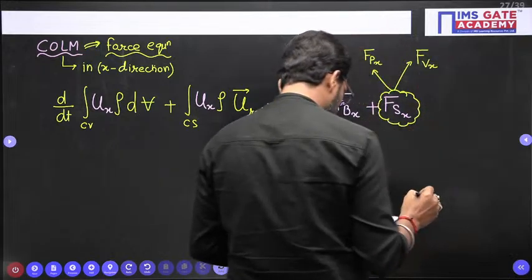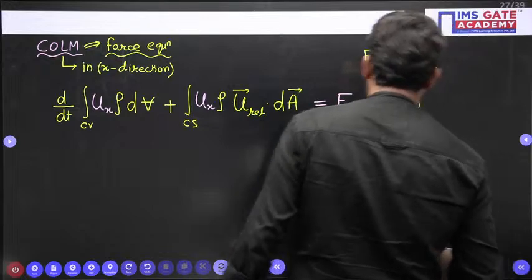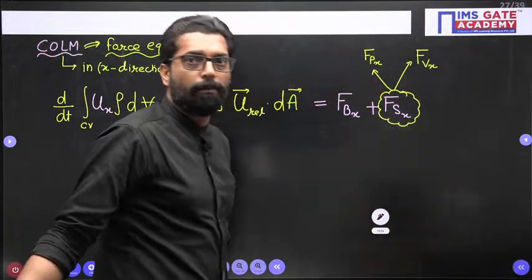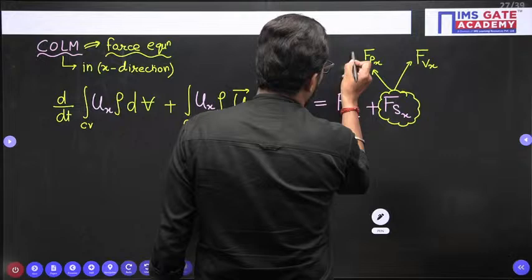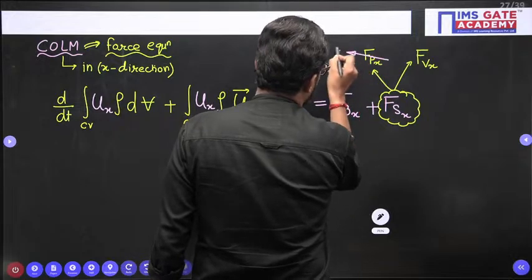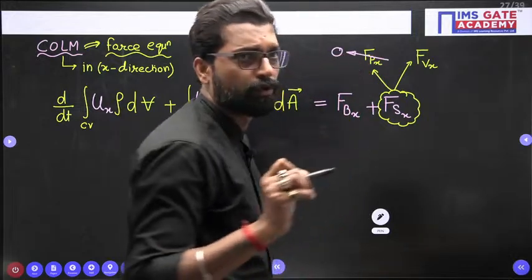Now, here the pressure is uniform throughout, so this is 0. Pressure is uniform, they are saying atmospheric, so there is no pressure force.